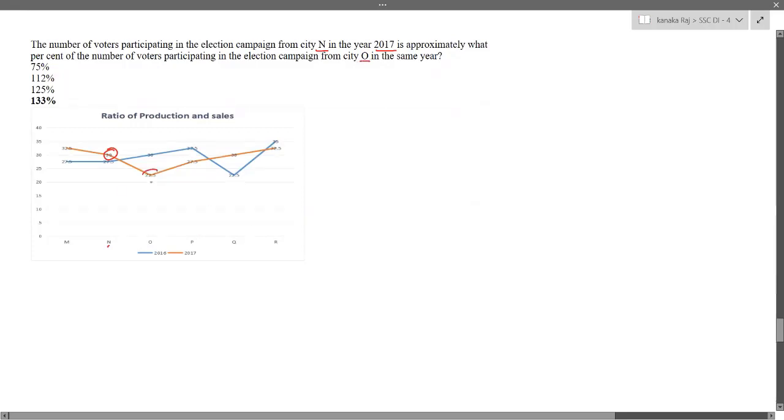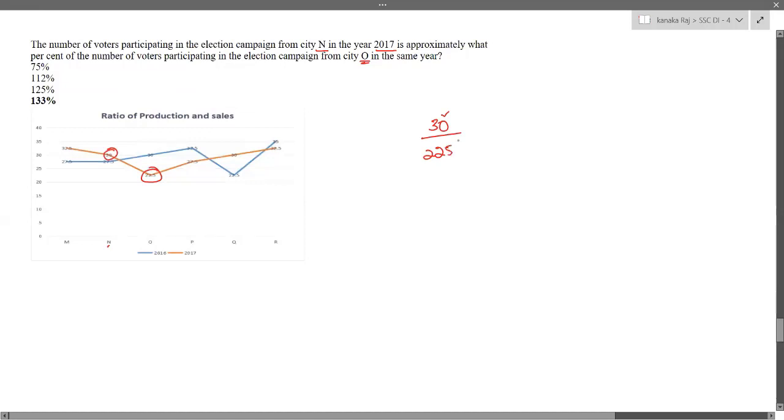City O in the same year is 22.5. Since both are lakhs and we are taking percentages, we can directly neglect lakhs. So I can directly take 30 as the number of voters from city N in the year 2017. Since we are comparing it to city O, city O will be my denominator, that is 22.5.